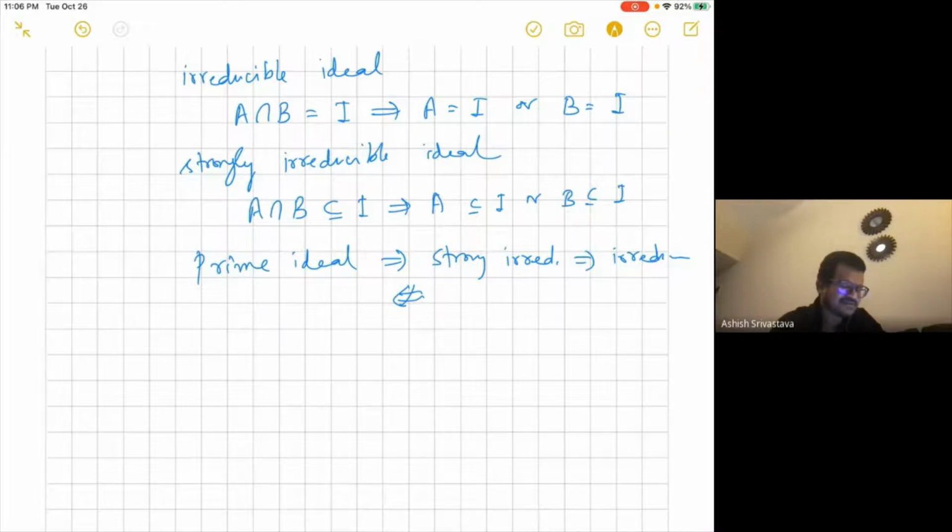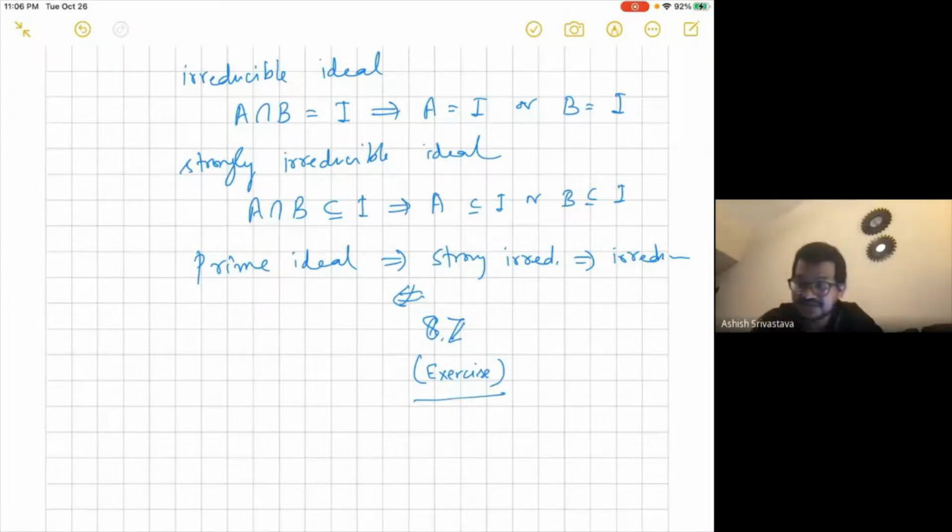Just take the ideal 8Z, for example, in the ring of integers. This is an exercise for you. You can check that 8Z is an irreducible, strongly irreducible ideal in the ring of integers, but it is not prime because 8 is not a prime. To see an irreducible ideal which is not strongly irreducible, again, a small exercise for you.